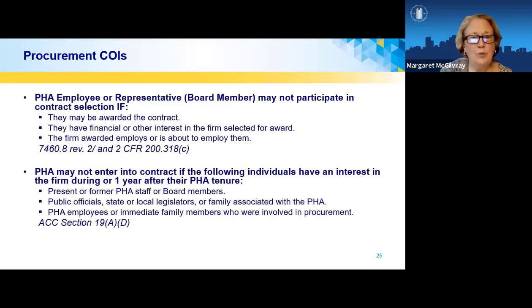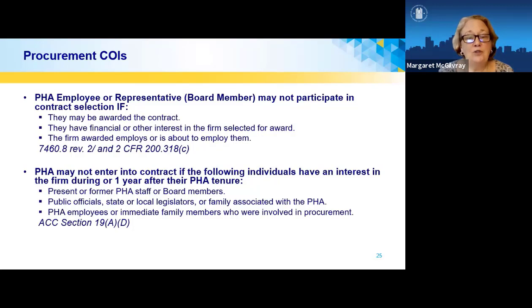So we dwell a little bit on procurement conflicts of interest because, quite frankly, that's where a lot of trouble arises. In terms of procurement, neither a board member or an employee can be awarded a contract, have a financial interest in a contract, or be employed by a contractor or subcontractor.